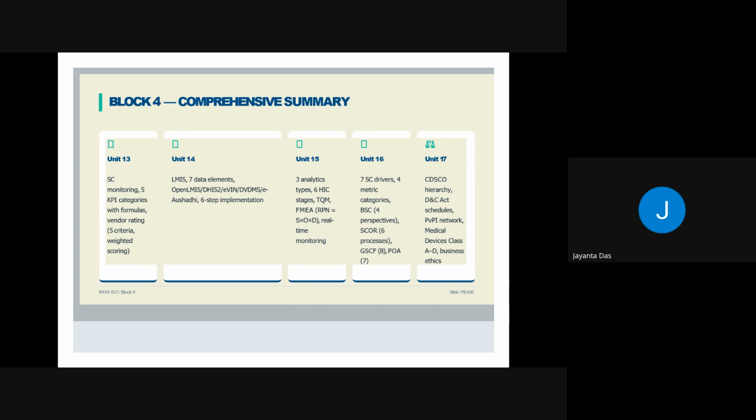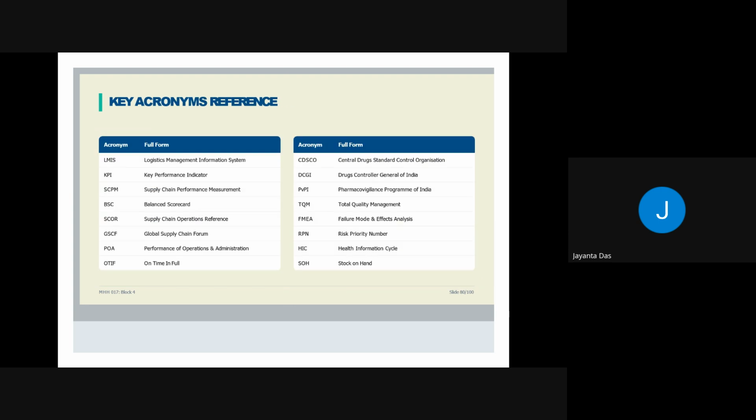Unit 15, 3 analytical types, which mainly concerned quality. Unit 16, the 7 supply chain drivers, and Unit 17, which is the DGCI or the drug controller things, and the various acts, pharmacovigilance and all.